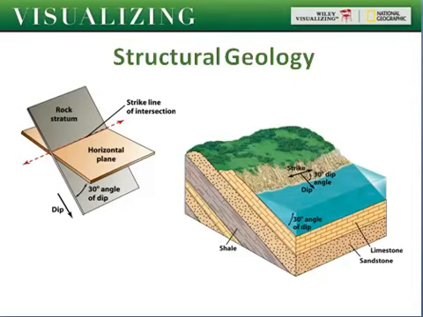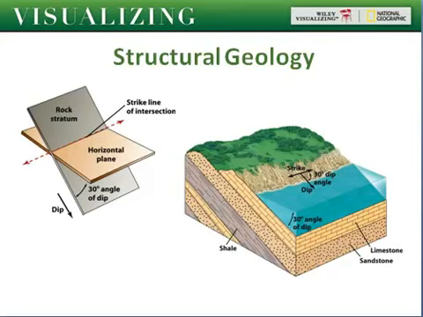The strike is defined as the compass orientation of the line of intersection between a completely horizontal plane and a planar feature, like that tilted rock layer. The strike on this slide is shown with this arrow right here. The dip is the angle between the tilted surface and that horizontal plane.